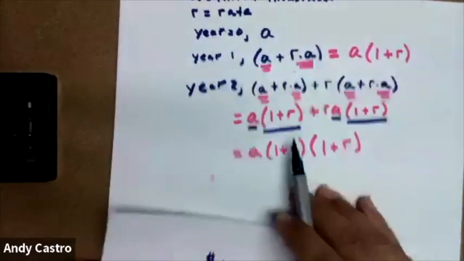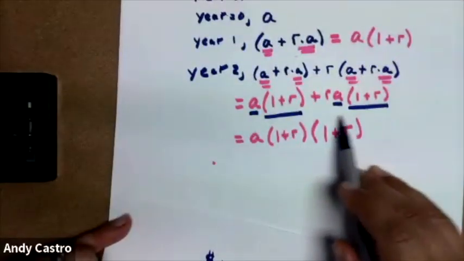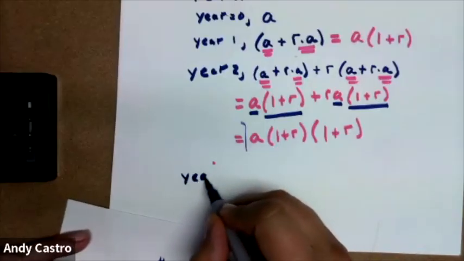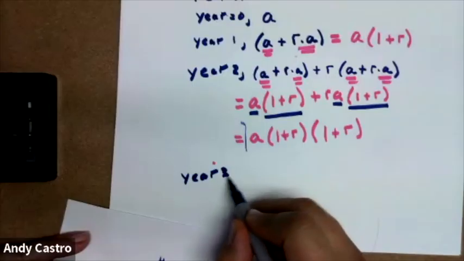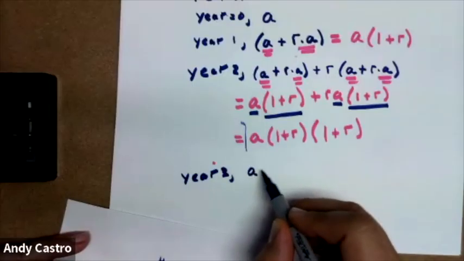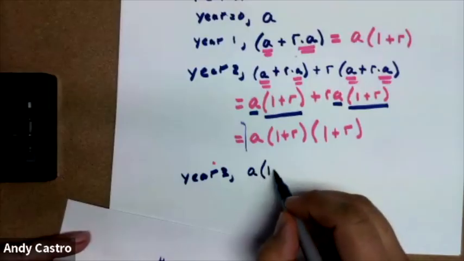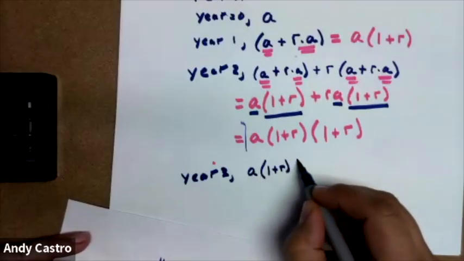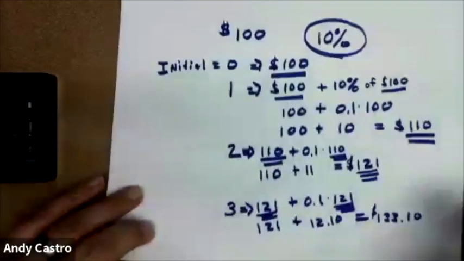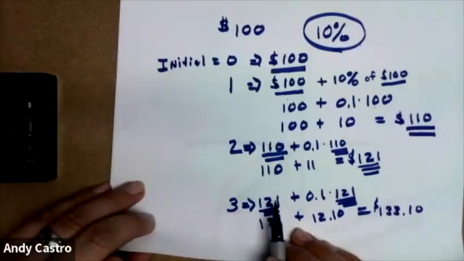So at the end of year 2, that's this number right here. For year 3, I have A times 1 plus R times 1 plus R. That is my 121.